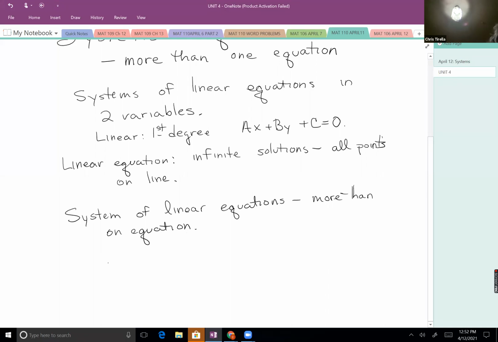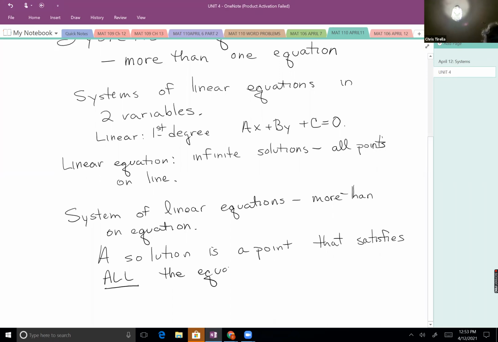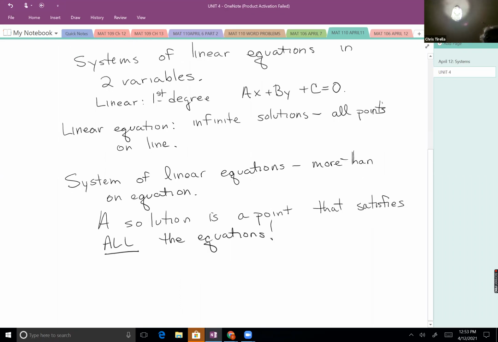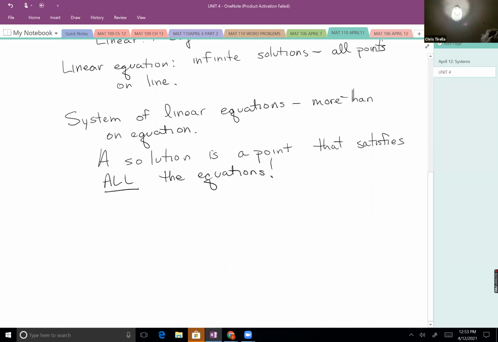And a solution is a point that satisfies all the equations.